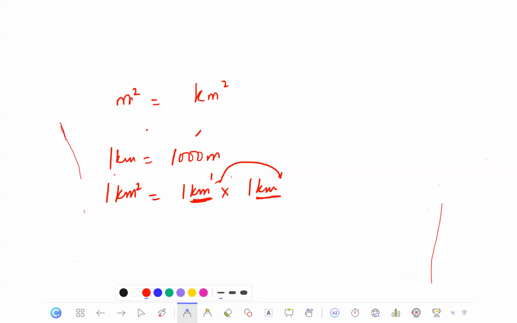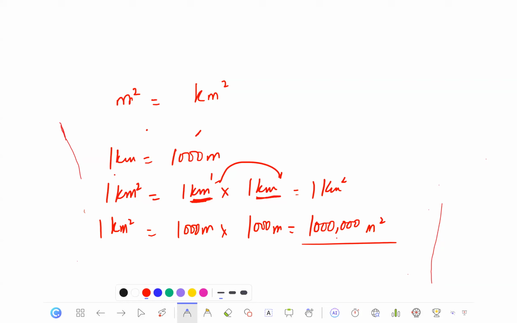So a kilometer times a kilometer means a kilometer squared. Once we convert them into meters, 1 kilometer means 1,000 meters times this kilometer also means 1,000 meters. So effectively, 1 kilometer square represents 1,000,000 square meters.